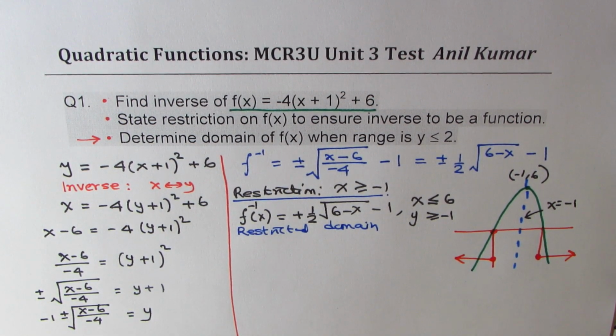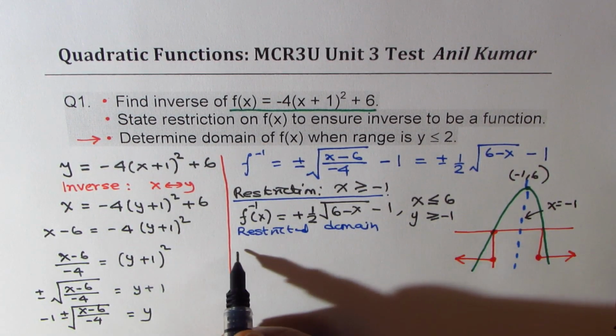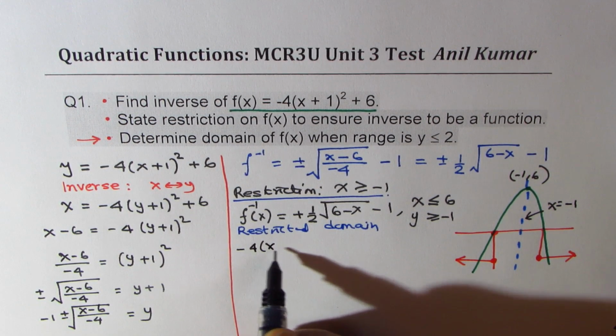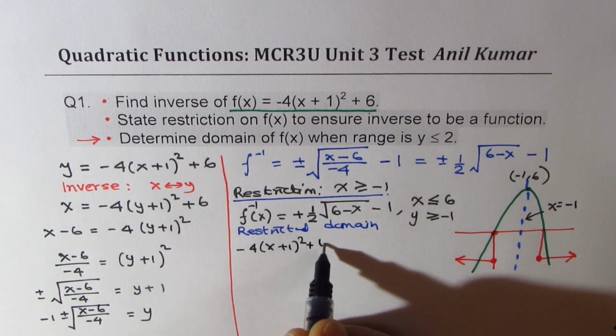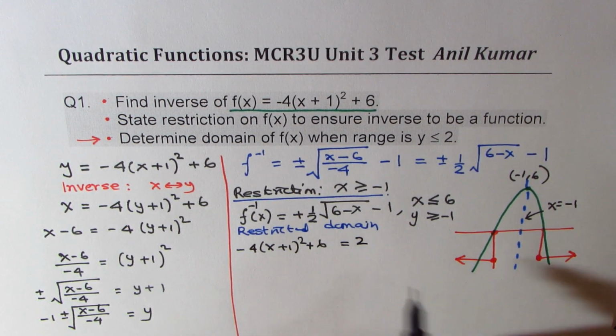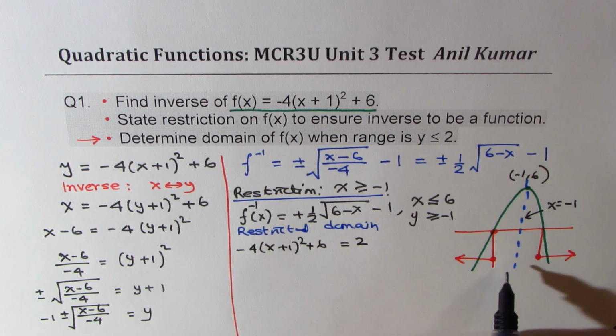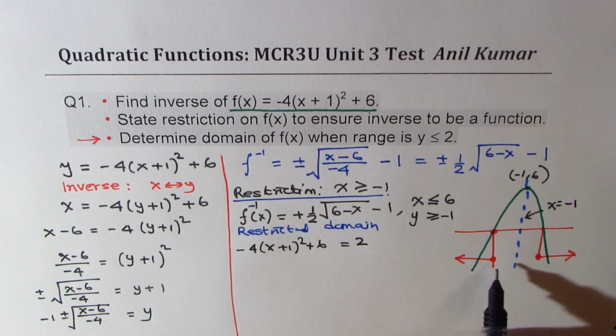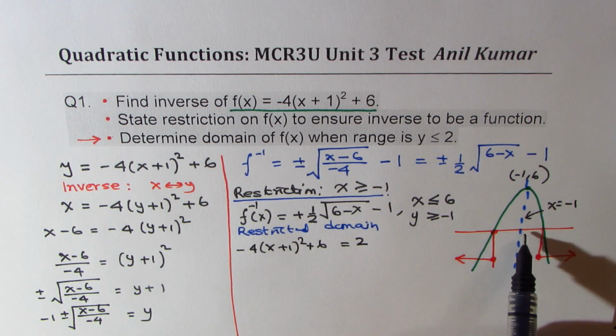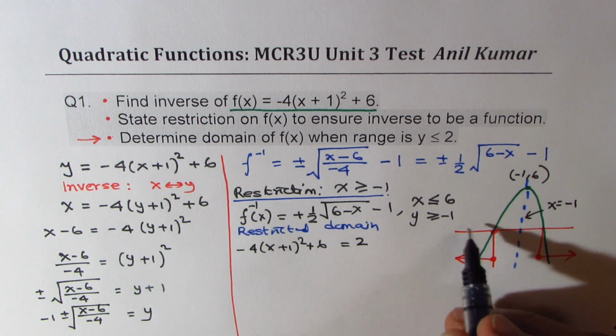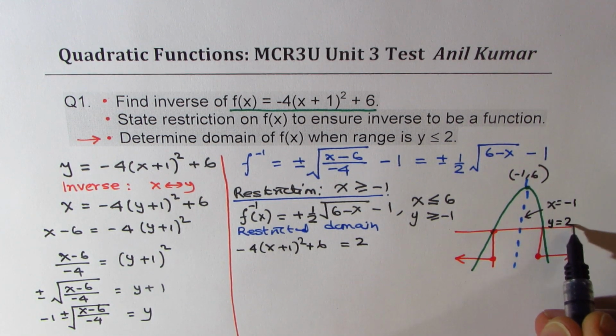You get the idea. So we have to find a point where minus 4 times (x plus 1) whole squared plus 6 is equal to 2. Then on either side of it will be our range, because within this interval, the range is greater than 2, if we take this line as y equals 2.